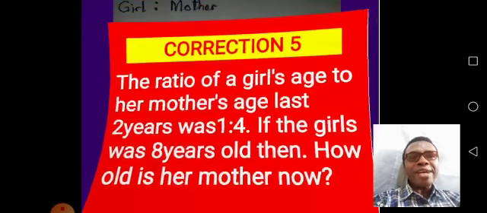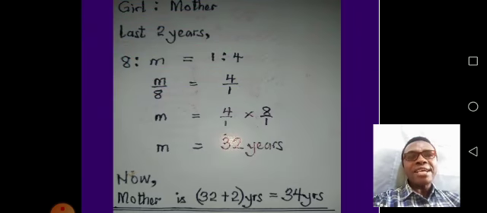So as at that time, 2 years ago, the girl is 8 years and the mother's age is unknown, which is M. And as at 2 years ago, the ratio of their ages was 1:4, just like what we did in the previous number. And so M over 8, mother over girl. This time we are taking mother over girl: M/8 equals mother over girl again, this time 4/1.